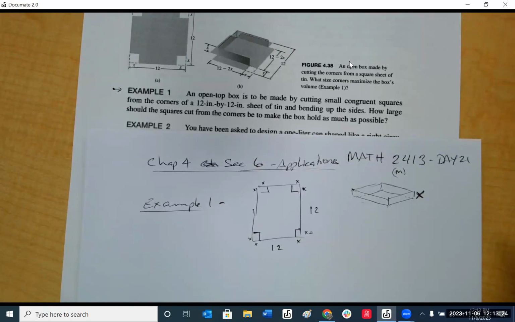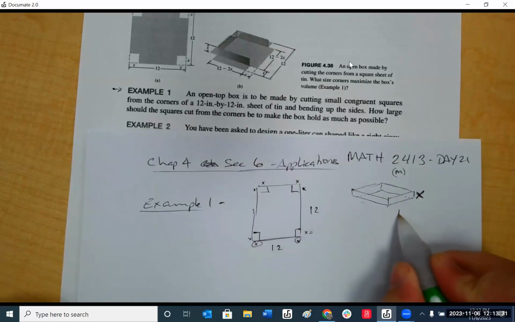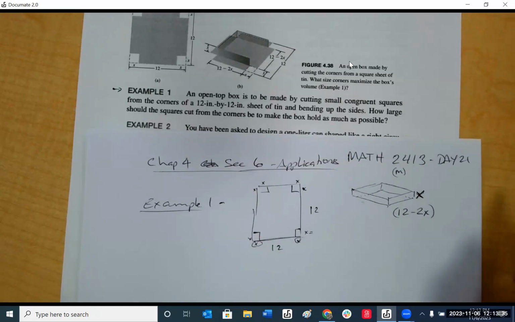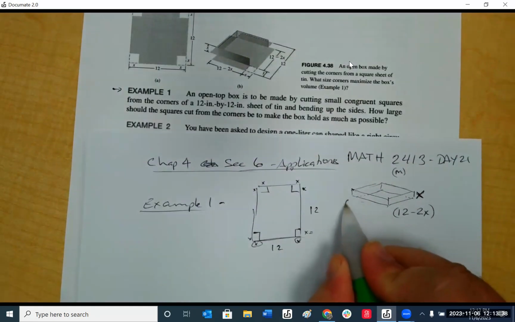12 inches. Well, it's 12 inches, but we cut out an x here and an x here. So it's going to be 12 minus 2x. Whatever the size of the x is, it's going to be the same over here also.